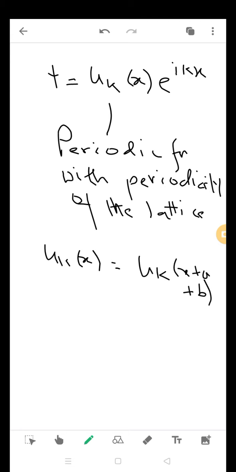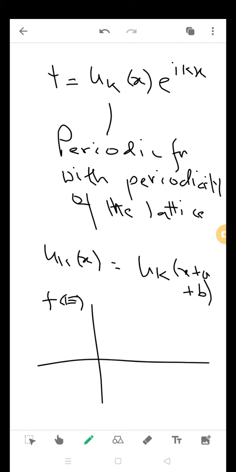And the probability, if we consider the occupation index, it will look something like this. And this is your potential.